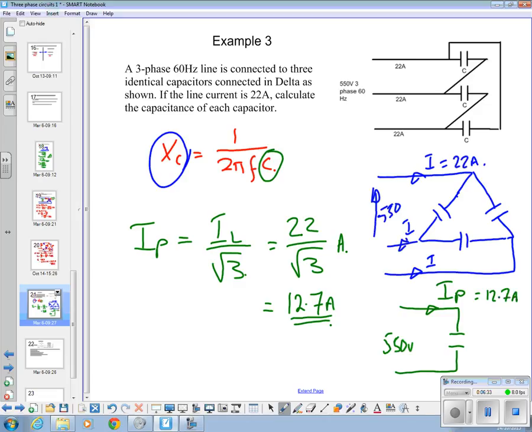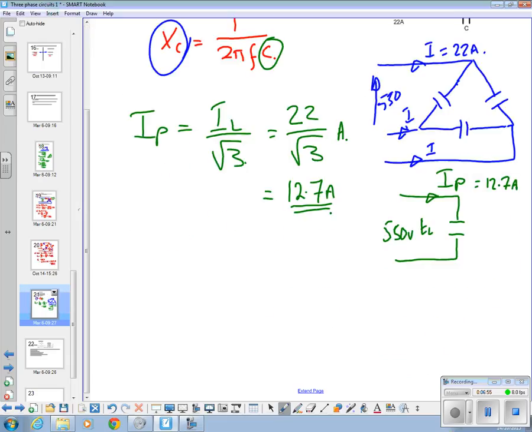If this was a resistor, what would you do to find the value of resistor? You'd say R is equal to 550, or E line, over IP, wouldn't you? But what's R for a capacitor? XC.